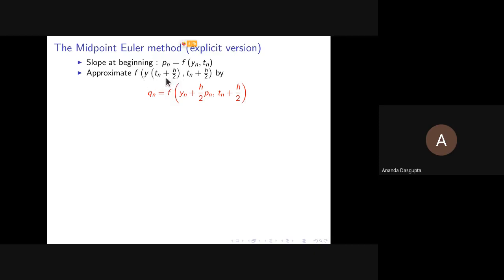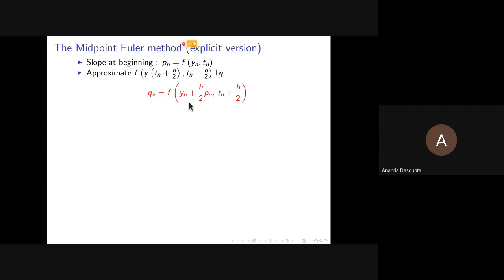Okay. So what will we do? We actually estimate this slope at the midpoint by this quantity Qn. This is really not the slope at the midpoint. This is our approximation to it. And how do we calculate that? We calculate that with Tn plus h by 2. Of course, there's no problem. We just put that in as a second argument, as a t argument.